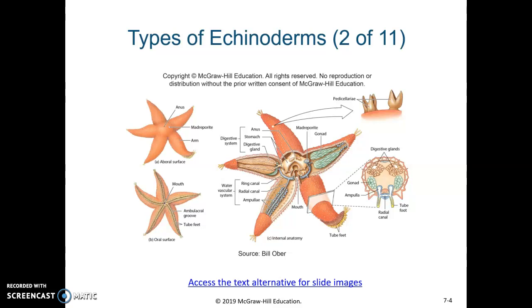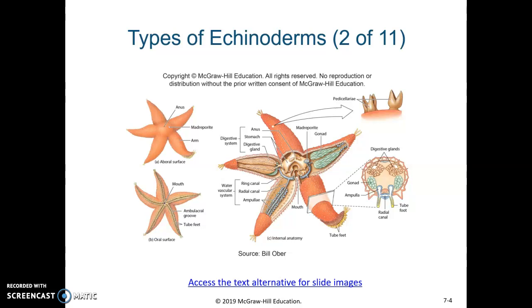So 5 rays, you can see the 5 rays. One thing to take a look at is the madreporite. The madreporite, which is on the aboral surface of the sea star, is where water is going to come in. And so they're bringing water in, and the water moves from the madreporite to the stone canal.